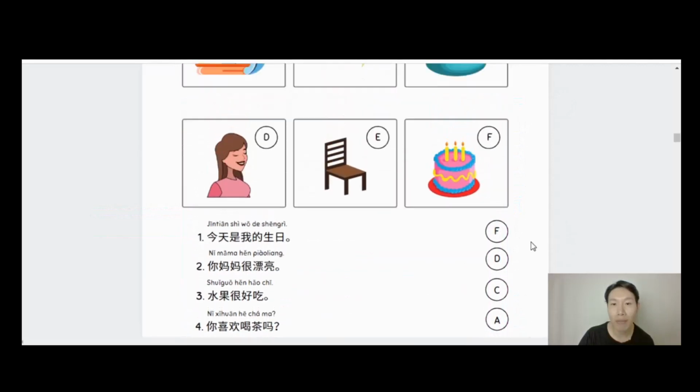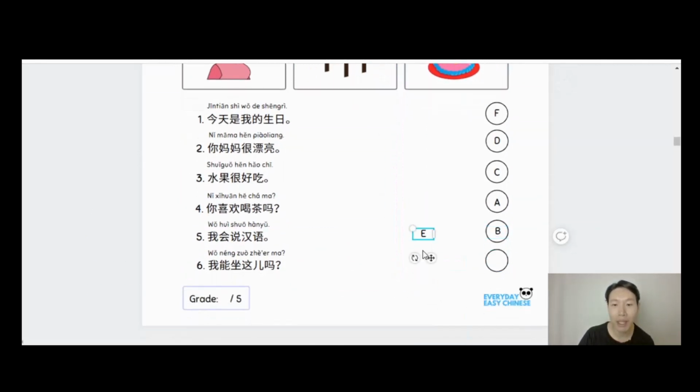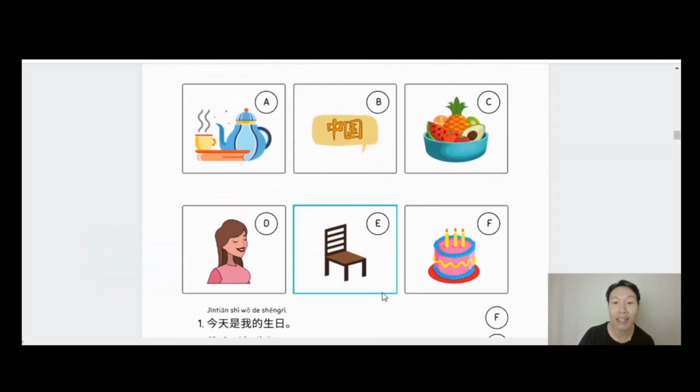So the only one we don't have is E, which is this one here. So let's look at this answer together as well. It says, 我能坐这儿吗? So you can tell that 坐 means to sit, so it really gives it away that it is E.